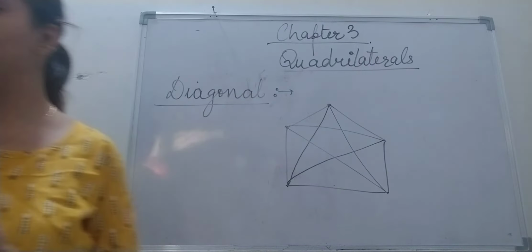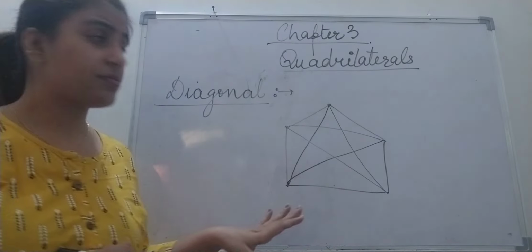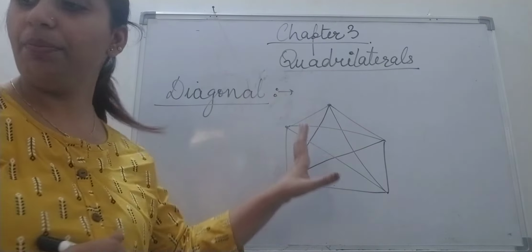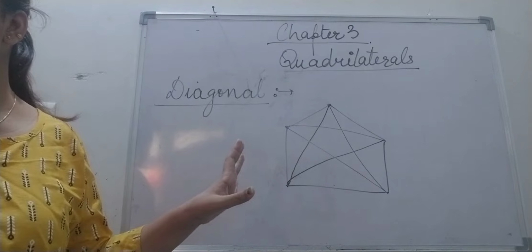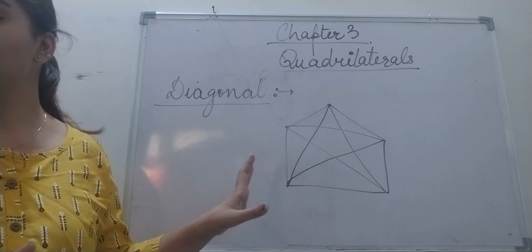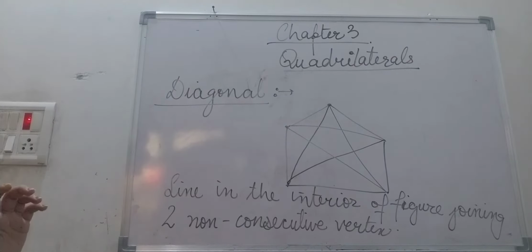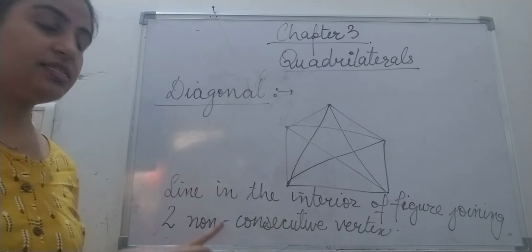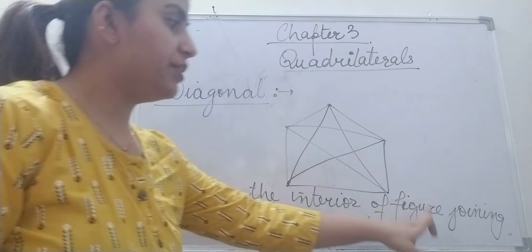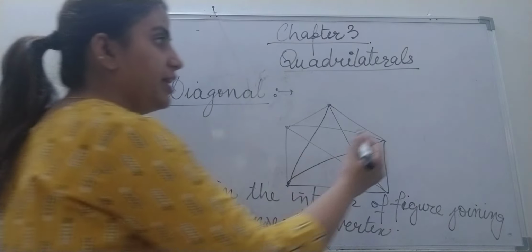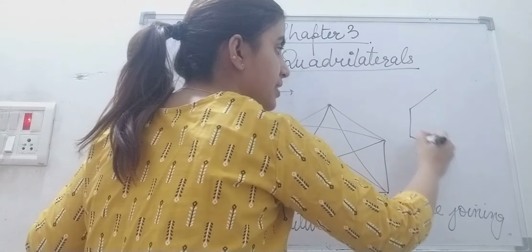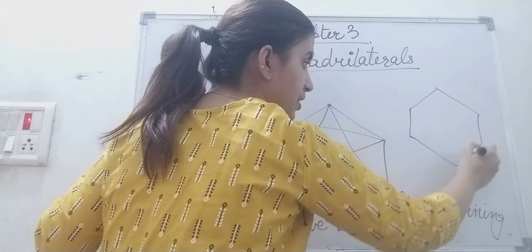Diagonals are basically lines in the interior of a figure, joining 2 non-consecutive vertices. So the definition of a diagonal is the line in the interior of a figure joining 2 non-consecutive vertices. If I take an example of a hexagon, hexagon means having 6 sides.